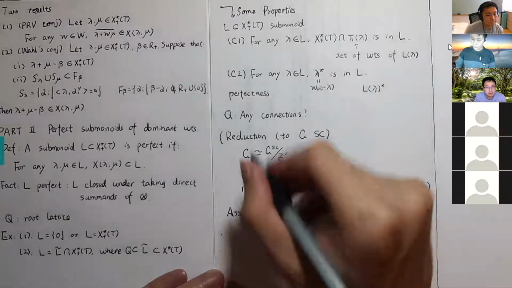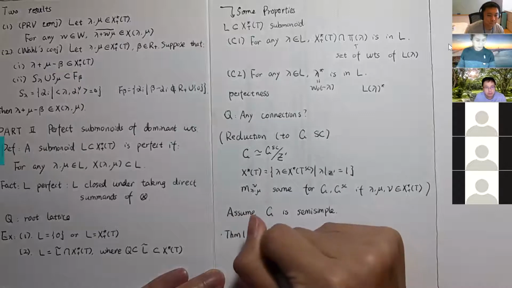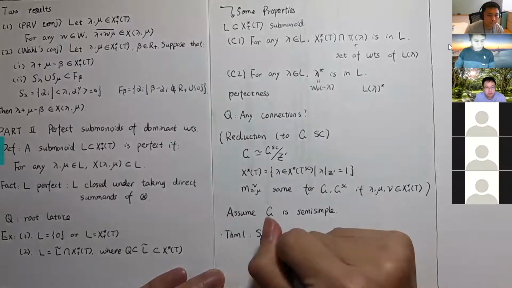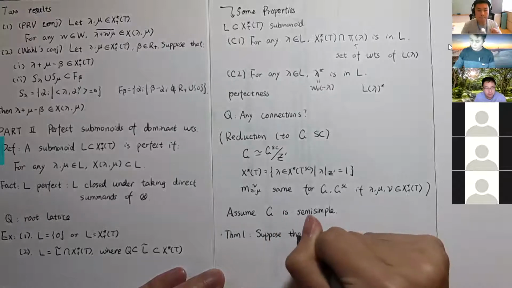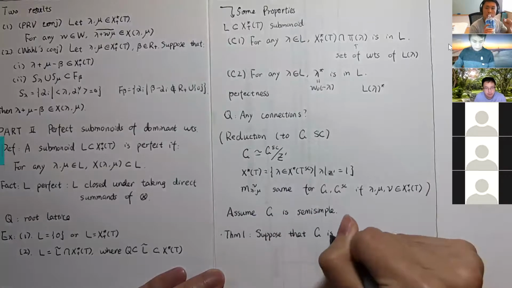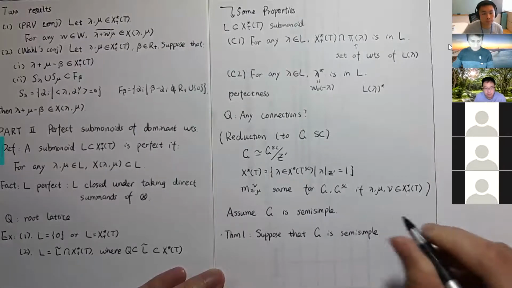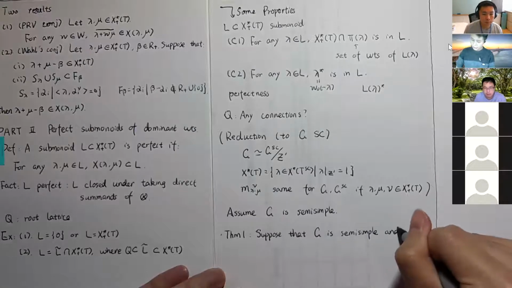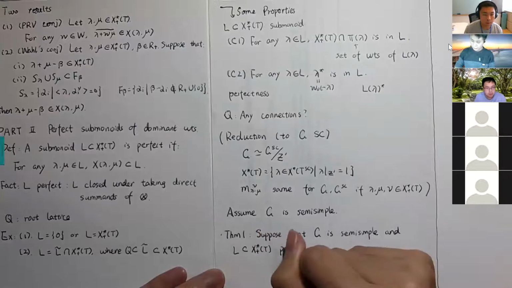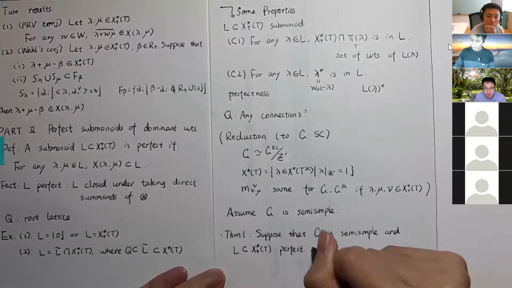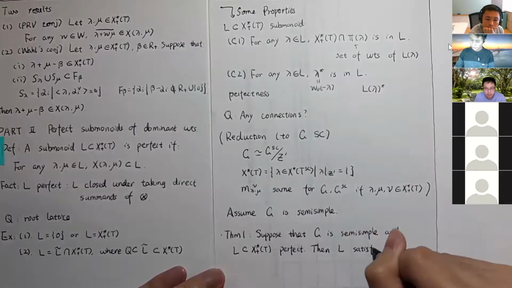And our first result for this question, but that's not the complete result. So that is my first result. Theorem 1. Suppose that G is semi-simple and L is a perfect submonoid of dominant weights, then L satisfies C1.